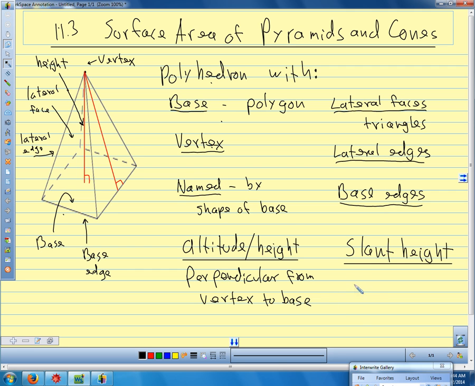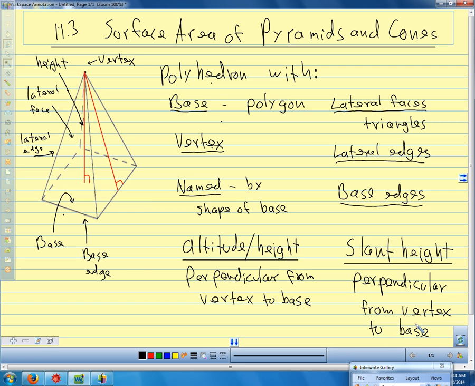So our slant height is perpendicular from vertex to base edge. So this red segment would be our slant height.